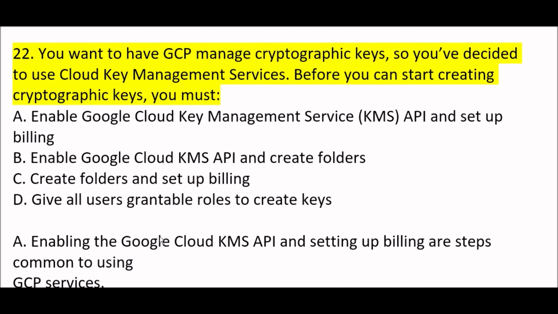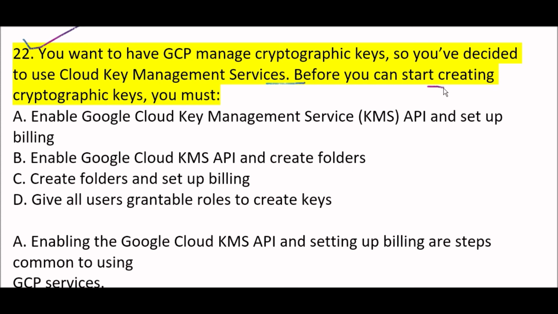You want to have GCP managed cryptographic keys, so you have decided to use Cloud Key Management Service. Before you can start creating cryptographic keys, you must option A, enable Google Cloud Key Management Service, KMS API, and set up billing. Option B, enable Google Cloud KMS API and create folders. Option C, create folders and set up billing.